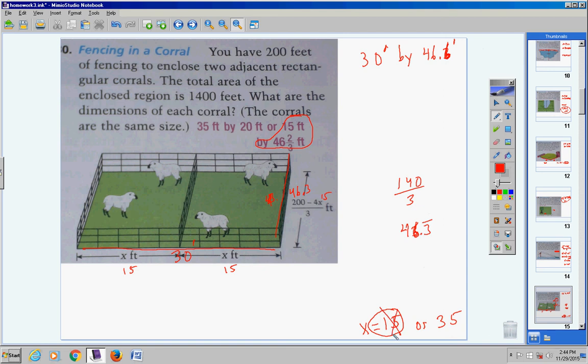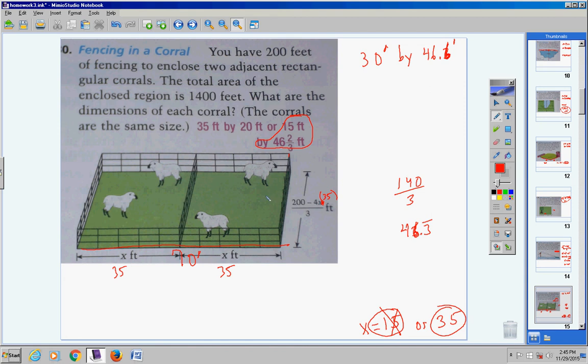Now let's take our other answer, 35, and let's put that in for x. Let's see what we come up with. So I'm going to put a 35 here and a 35 here. 35 plus 35, this whole length from here to here is 70 feet. Now put a 35 right here. So we have 4 times 35, which is 140, so 200 minus 140 is 60.